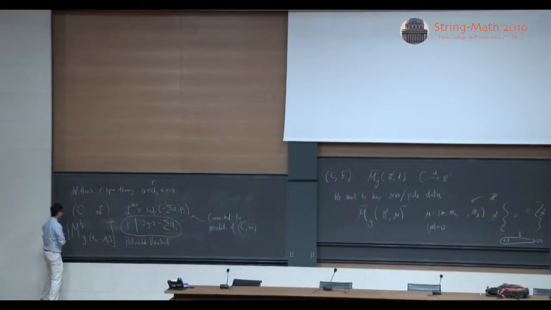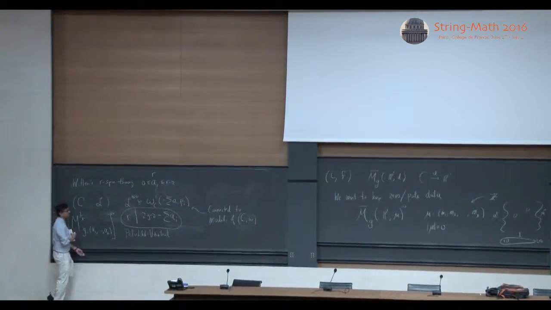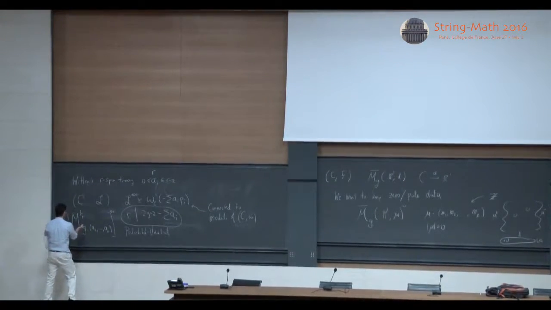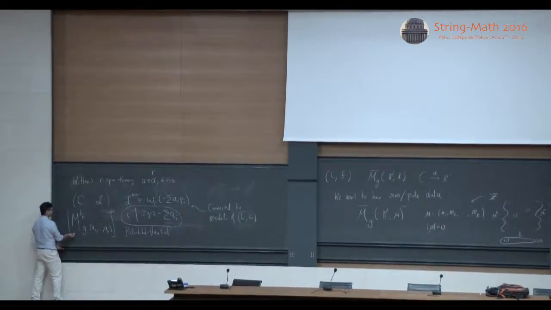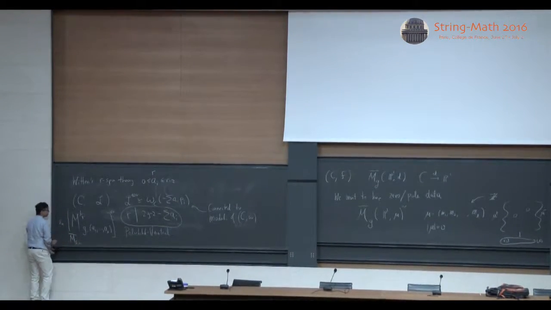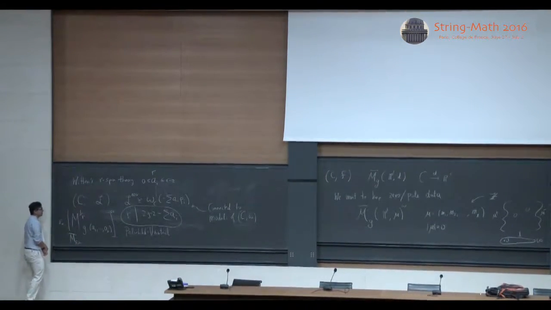And then a very important calculation which I suggested: one should think a little bit about where this virtual class lives. Well, this virtual class lives in this moduli space. I can push it forward, and this is a virtual class now in the moduli space of curves, and I can calculate its codimension.